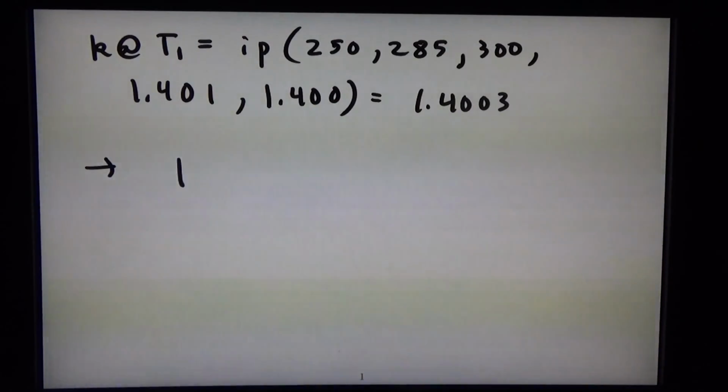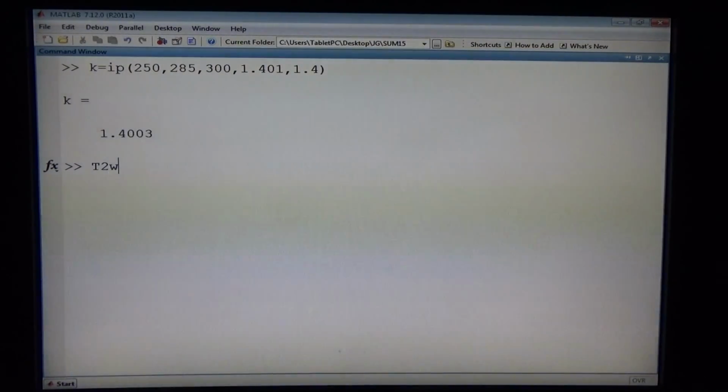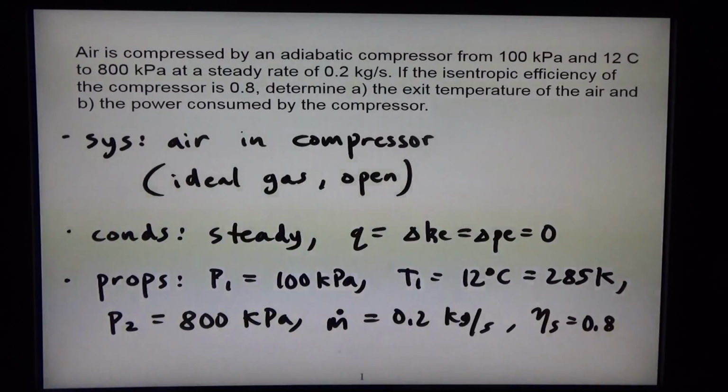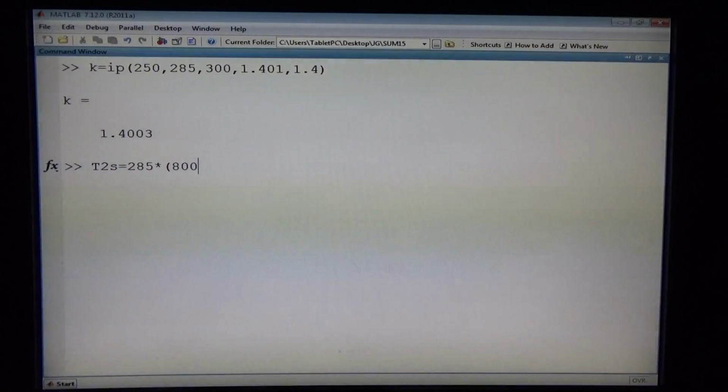So that will give us a T2S value of: we have T1, which is 285, times the ratio of P2 to P1, 800 divided by 100, to the power of, P2 is 800 and P1 is 100, so I was right.